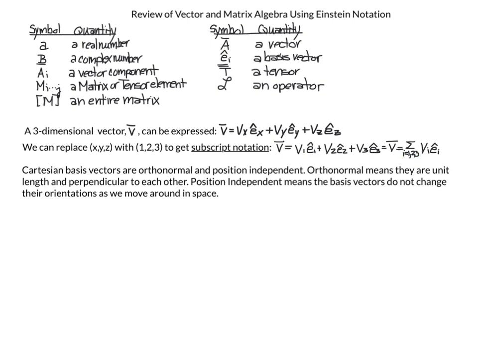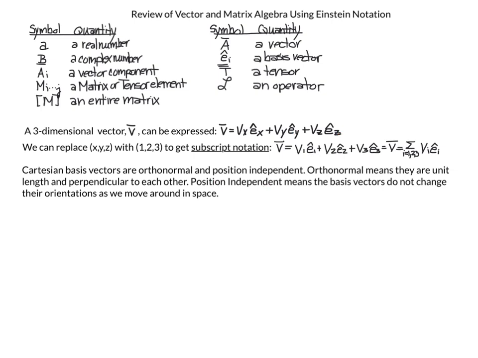A quick note: Cartesian basis vectors, which is what we're going to be working with in our first chapter, so our Cartesian coordinate system x, y, and z, are orthonormal and position independent. Orthonormal means they are unit length and perpendicular to each other. So the x basis vector, the y basis vector, and the z basis vector all have length 1, and x and y are perpendicular, y and z are perpendicular, and x and z are perpendicular.